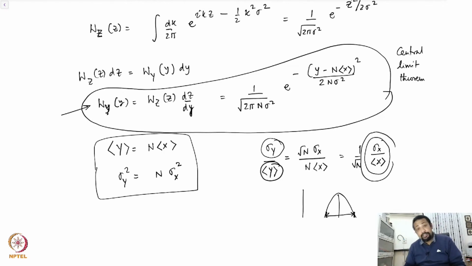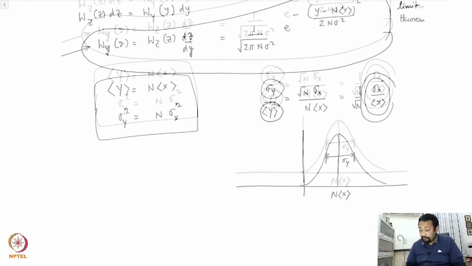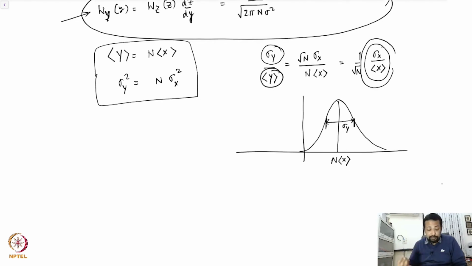Now, where do we use it in statistical mechanics? Well, as we shall see later on, all thermodynamic quantities that we have calculated for a hydrostatic system, for example, the energy, right? Extensive quantities, the energy I can always write down as the sum of energies of the constituent particles. Now, because of that inherent molecular chaos in such a system, these quantities are essentially fluctuating in time and therefore they are random variables.